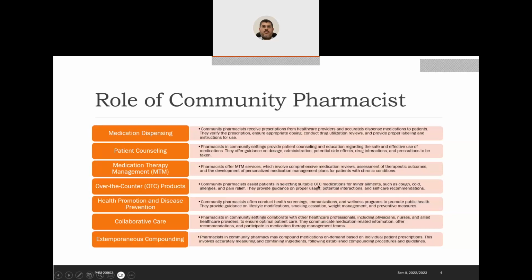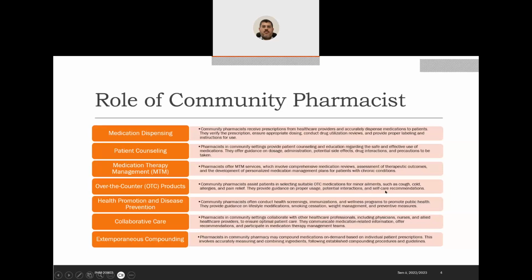They are sold without prescription. So the pharmacist can advise the patient on the proper medication that he can take for minor ailments. Usually they are used for minor diseases, and they can advise them on and select for them the appropriate medication and advise them how to use. And they can give them also other advices related to the management of their condition.